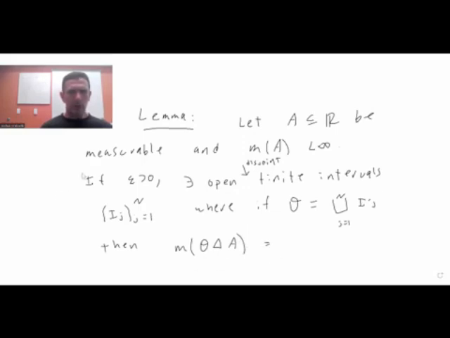So I'll just remind you of what this is. Remember, this here is theta take away A, disjoint union, A take away theta. So this is less than epsilon. And for some reason, I'm having a brain fart on what this operation is called, classical set theoretical operation. But anyway, it's the obvious thing.